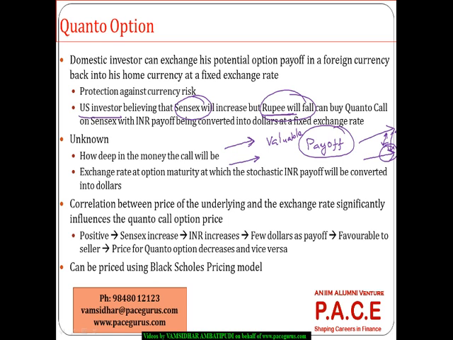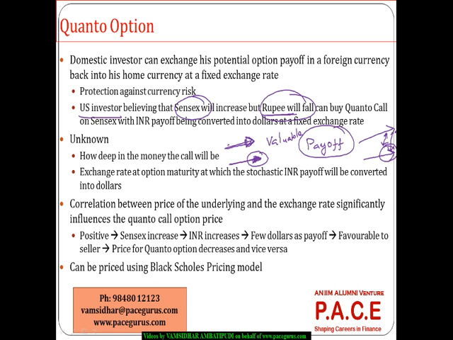Now, if the Sensex, the index, is increasing, and the exchange rate is also increasing, meaning the foreign currency will depreciate, so the Sensex is increasing and the domestic exchange rate is also increasing, what we could clearly see is the price for the Quanto option is going to decrease.